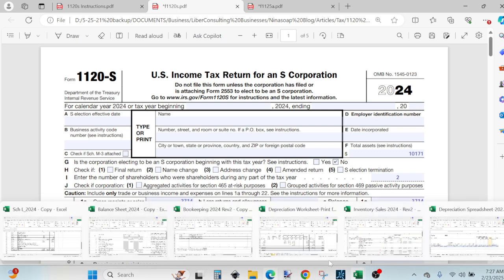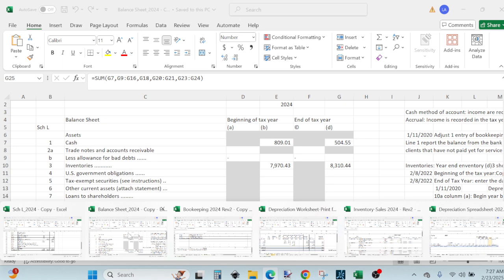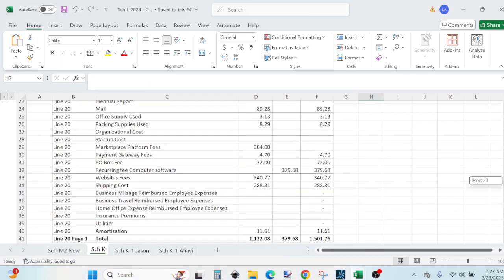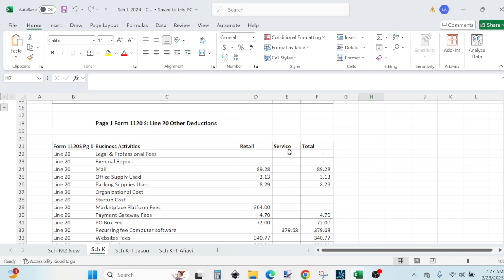I don't know if the software will give you the opportunity to break your activities down, but it's good, if you have, let's say, retail and service business together, to know which expenses are related to one activity and which are related to the other activities. So in this instance, we purchased a tax software to file taxes.